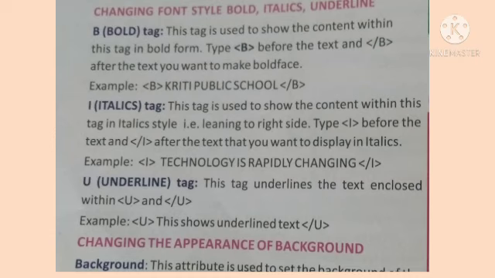The B tag is used to show the content within this tag in bold form, the I tag is used to display the content in italics, and the U tag is used to underline the text. Background is used to set the background of the page using an image file, and BGCOLOR sets the background color of the web page.